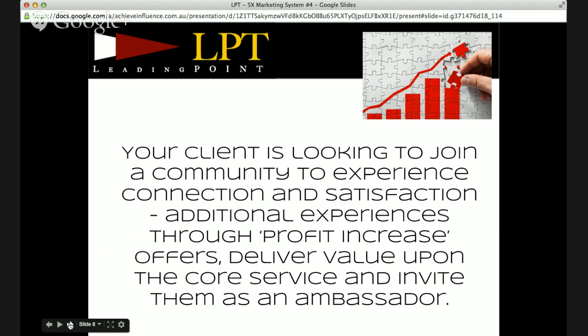business. Now, the reason this is important from a community perspective is imagine they are a repeat client. They wear the mantle as being an ambassador and can speak with authority on the value of your core offer, on the value of your profit increase, on the value of your buyer gate, even your lead magnet.